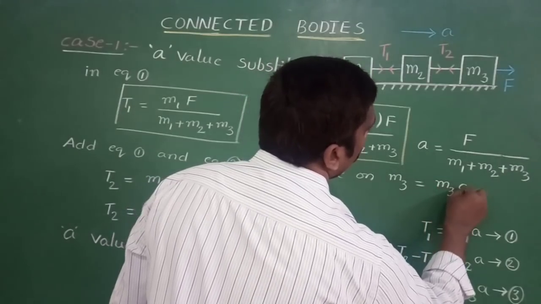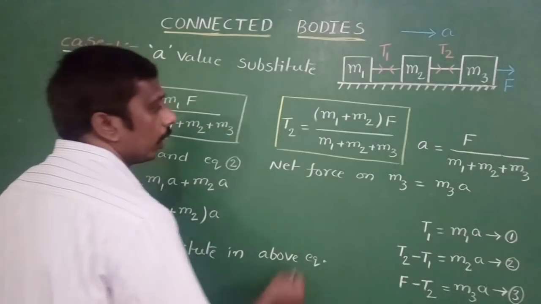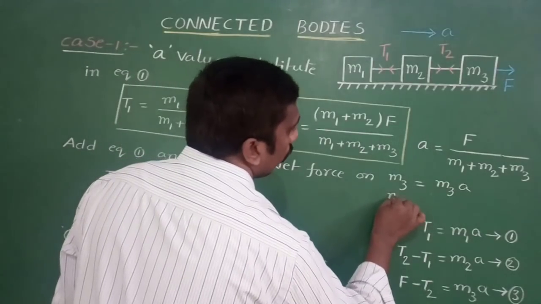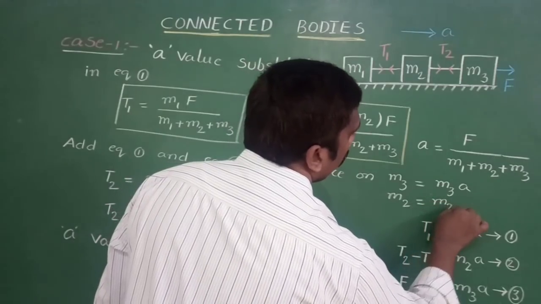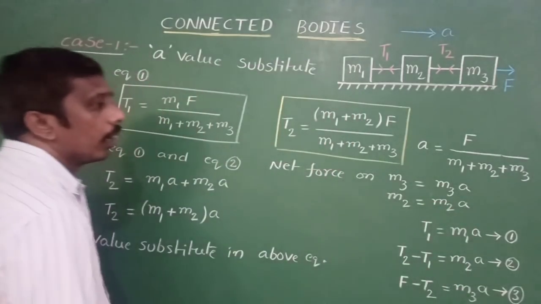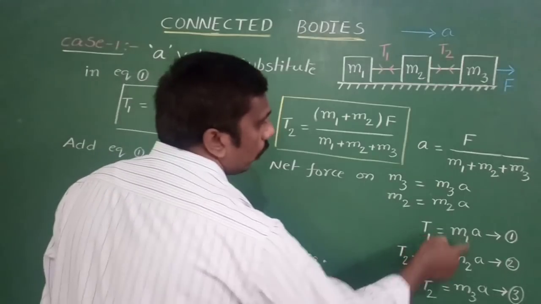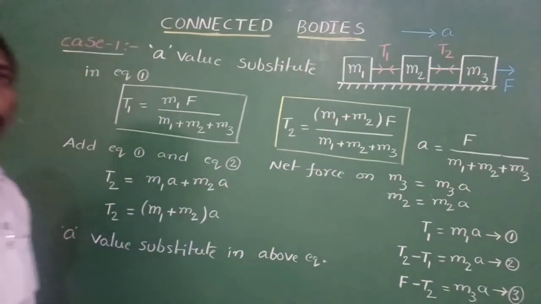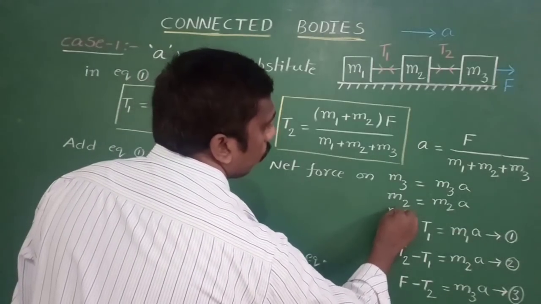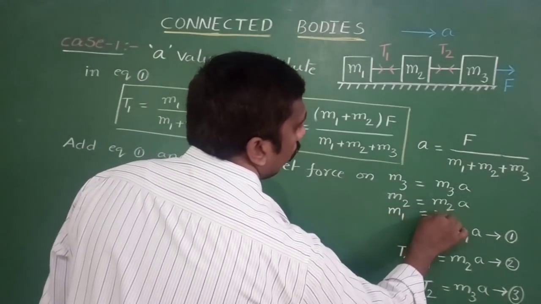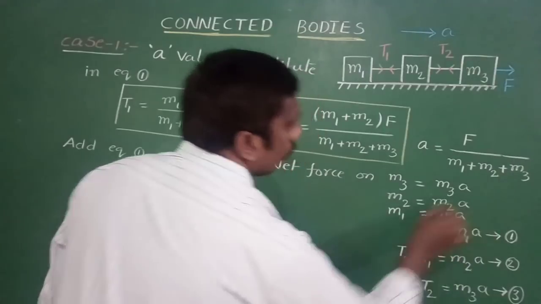Net force on m2 is equal to m2 into a. Net force on m1 is equal to m1 into a. This gives the net force. So net force on m1 is equal to m1 into a.